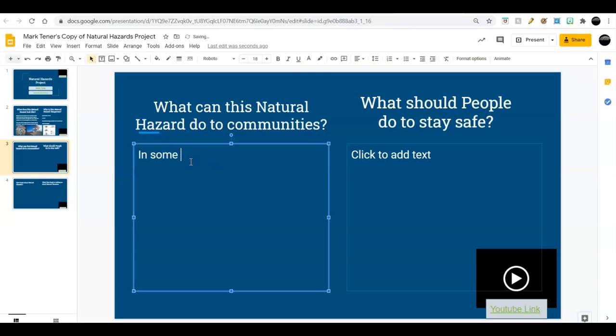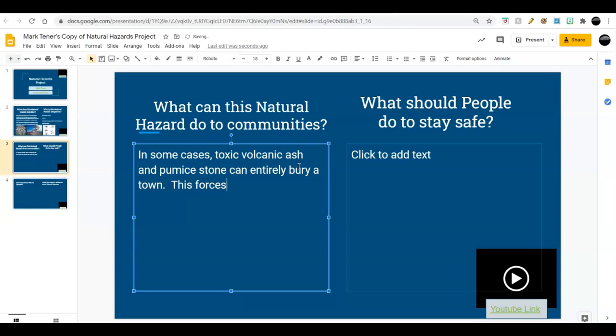So I can say in some cases, toxic volcanic ash and stone can entirely bury a town.